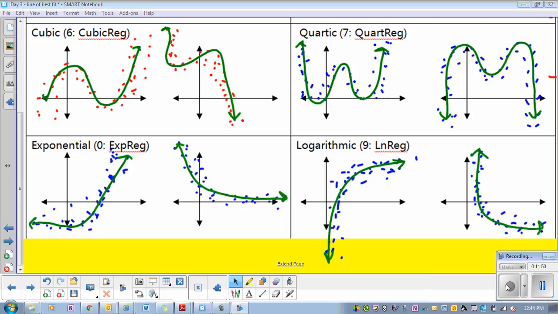And like this. So this is a general overview of where to start, like what kind of function you're looking for if you're provided with a scatter plot graph.